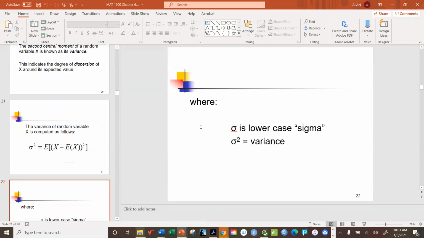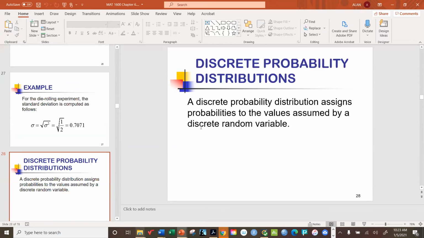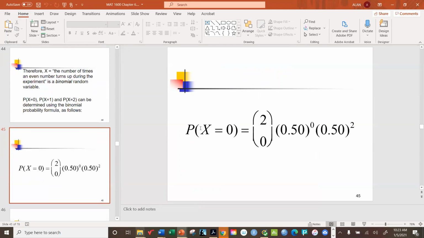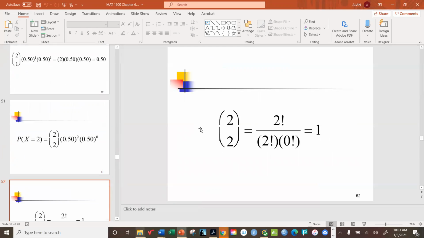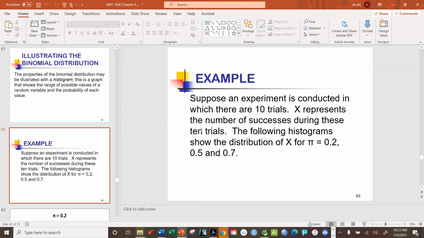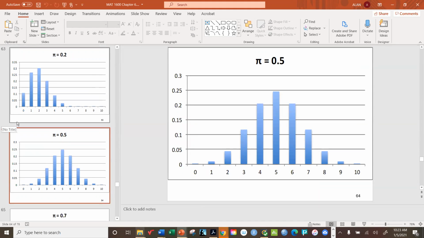And so what I'd like to point out here is that if you look at the chart where pi equals 0.5, or any of them really, but especially that one, if you look at it very carefully, if you could imagine that instead of having 10 trials for this experiment, suppose instead we had 100,000 or some enormous number, what's going to happen is that you're going to get a lot more of these little bars.